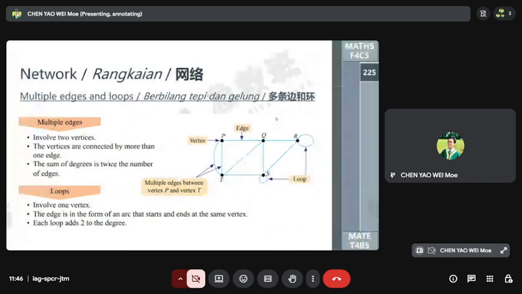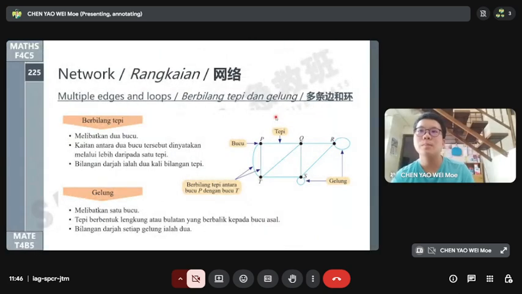Kita tambah 2. That's for bahasa Melayu. Kamu just ingat benda ni. Kalau ada berbilang tepi, maksud dia ada 2 vertex, tetapi 2 garis yang sama, arah dia tak tentukan.